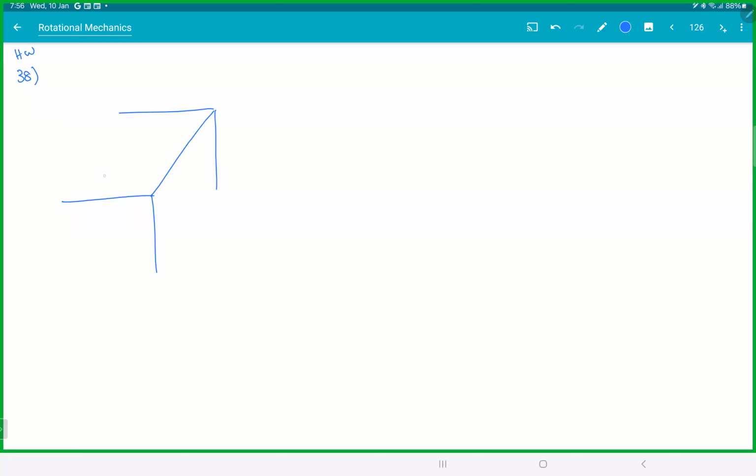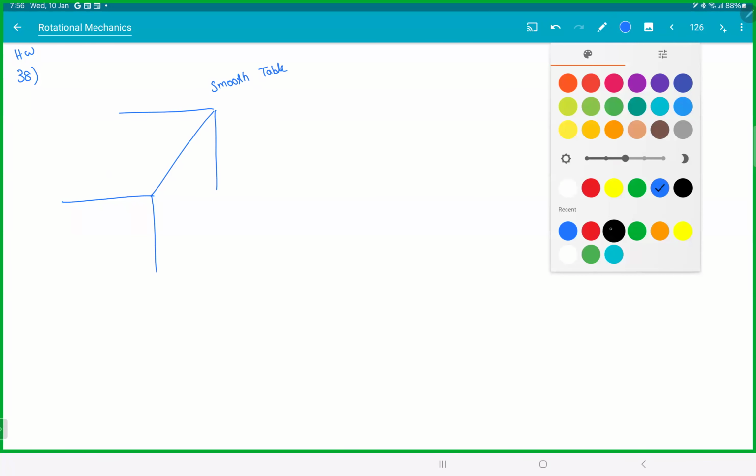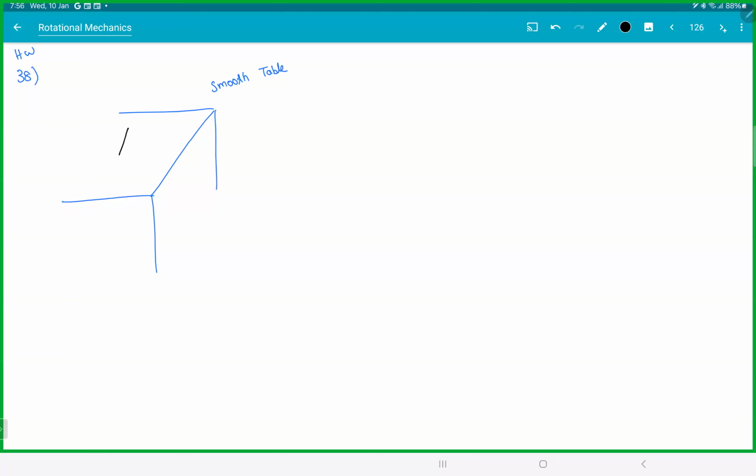So we have a table here. There is one block here, 2M.